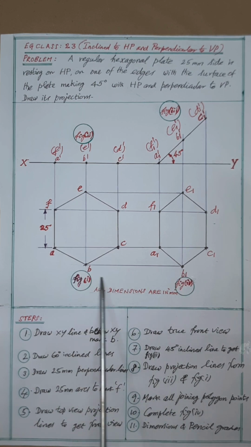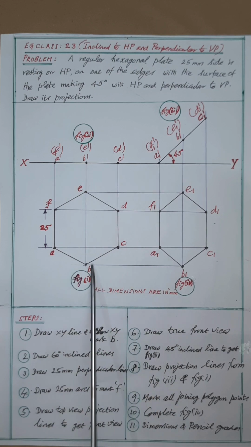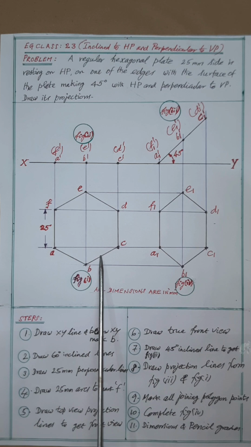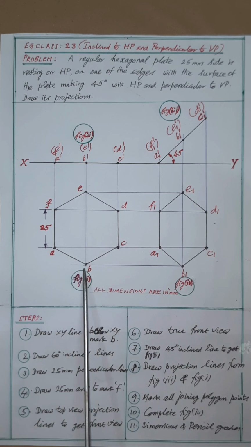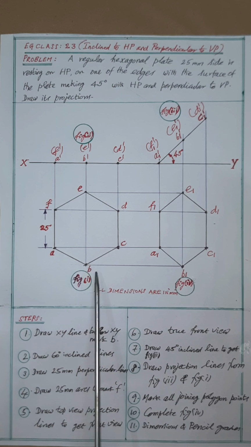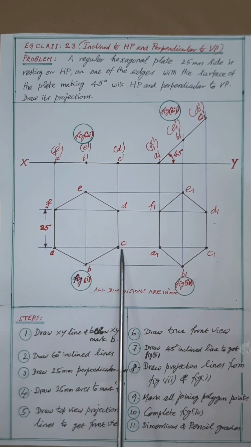As per step 2, taking a 60 degree angle in anti-clockwise direction to the horizontal line at B, draw a 25 mm length line as shown, marking the other point as C, that is BC.